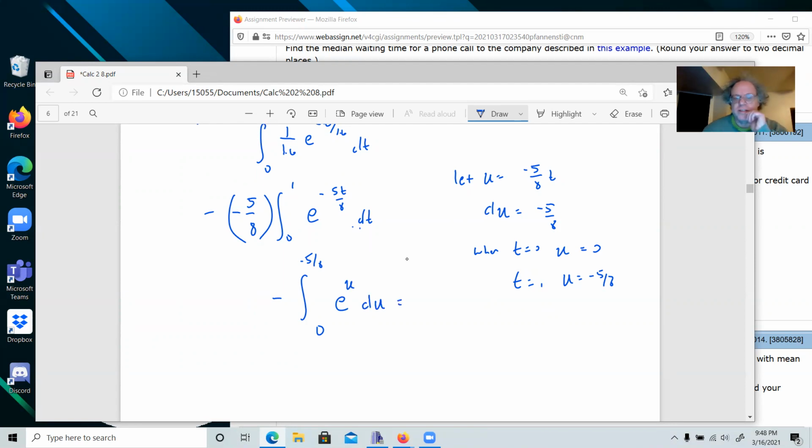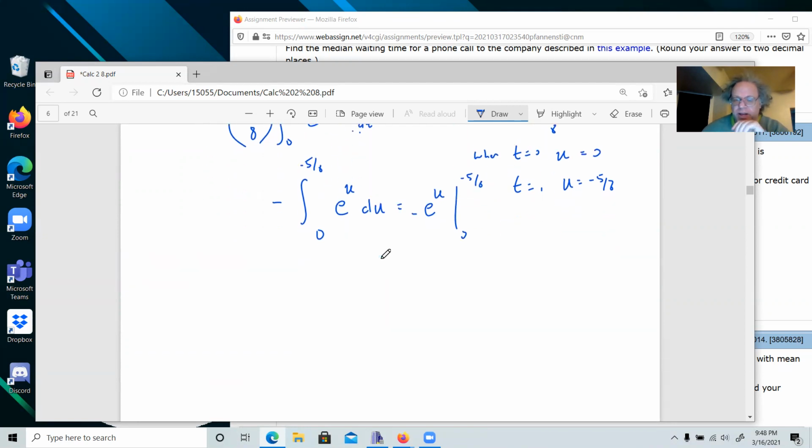So let's just go ahead and do that. That's going to be e to the u from 0 to negative 5/8. Let's change my limits, so we have e to the u from negative 5/8 to 0. That's what this negative does. It swaps the limits for us. So this is e to the 0 minus e to the negative 5/8.